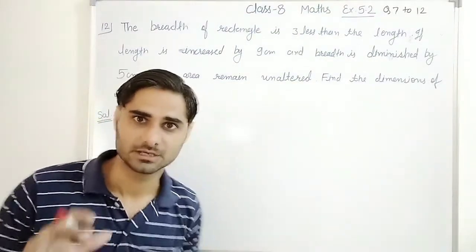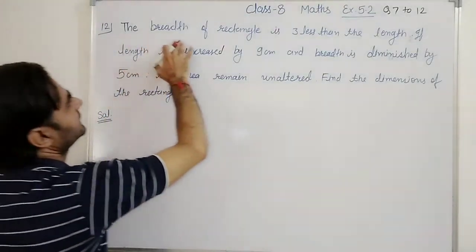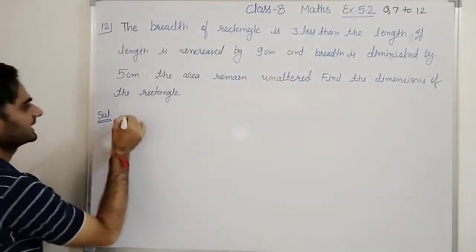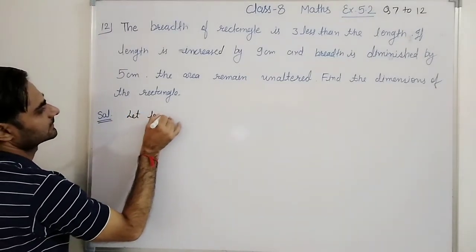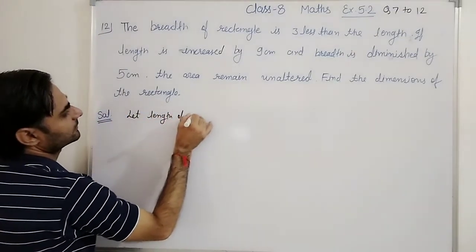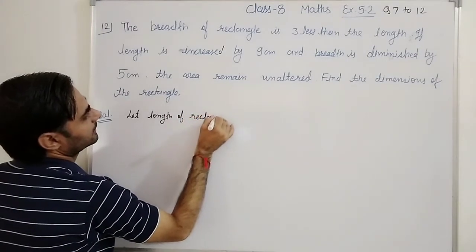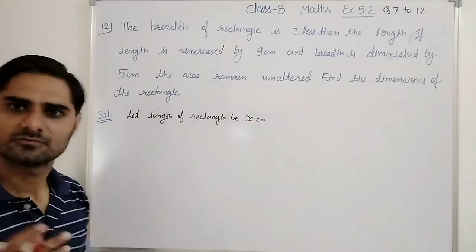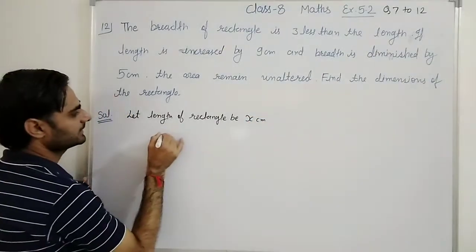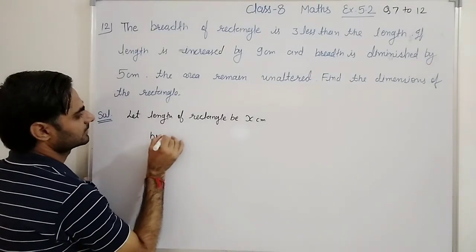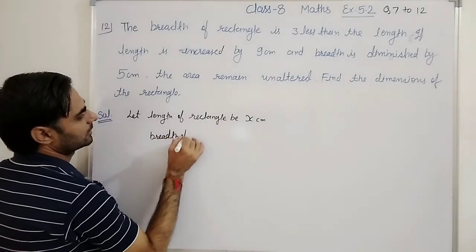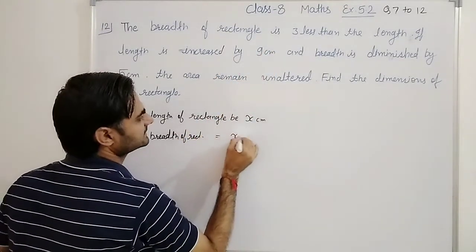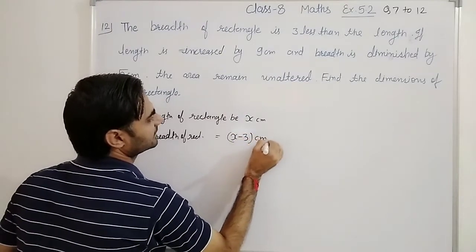How to find dimension? Let's first of all we will take breadth and length of rectangle. So breadth of rectangle is 3 less. So let length of rectangle be x centimeter, suppose, okay, and breadth of rectangle will be equal to, this is 3 less, means x minus 3 centimeter.